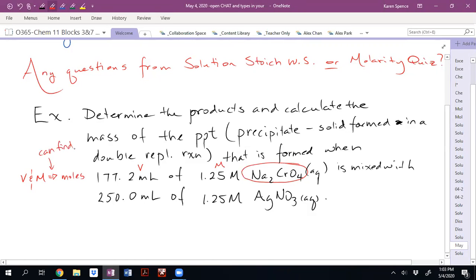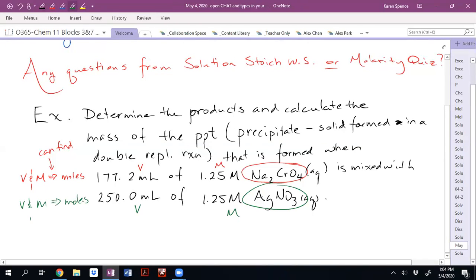Always. Because volume is liters, or milliliters, and molarity is moles per liter. So you can always take your liters and multiply by moles per liter and you'll get moles. And we also know the volume and molarity of silver nitrate, so we can find moles.